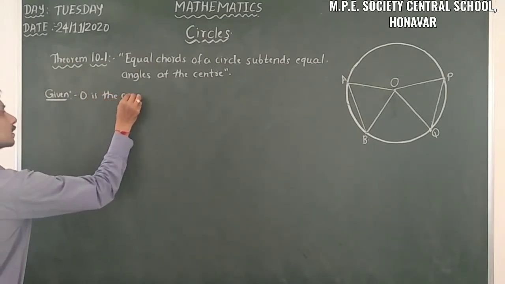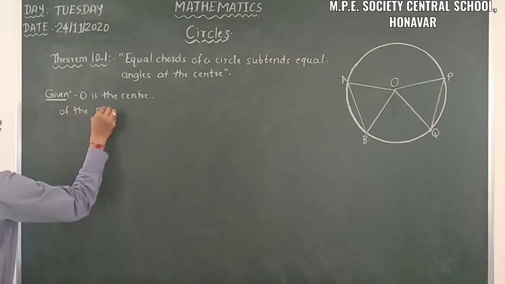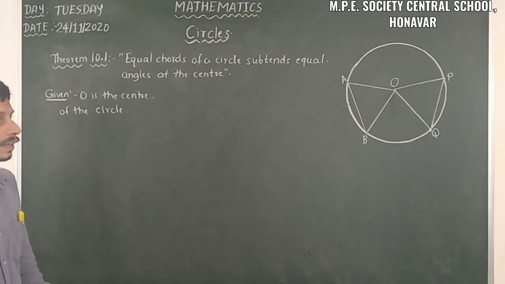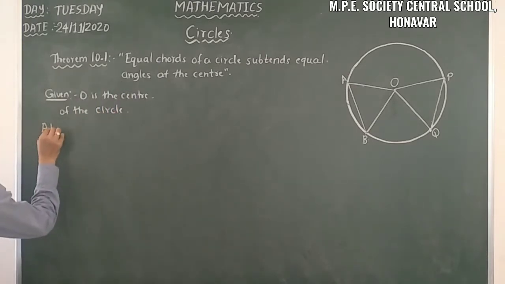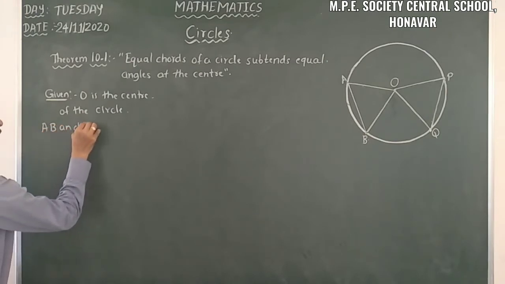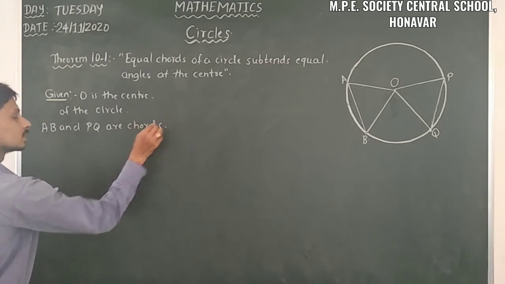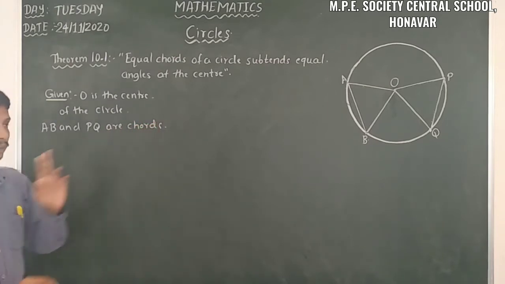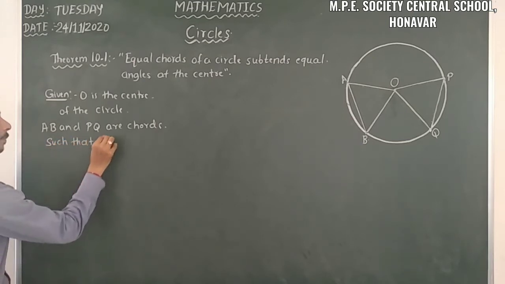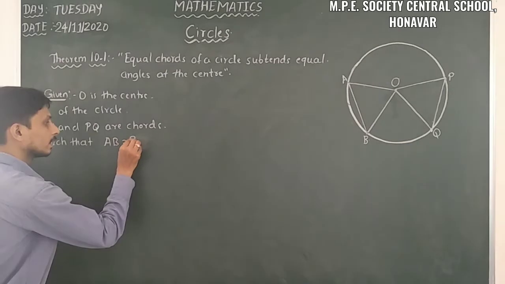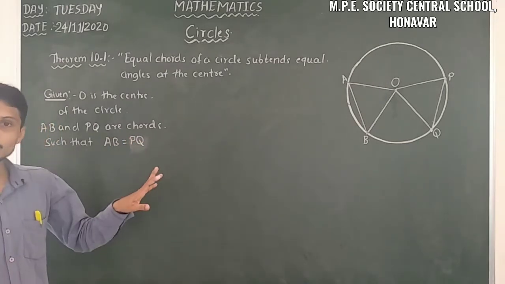Then AB and PQ are chords such that AB is equal to PQ. So we have AB is equal to PQ here.